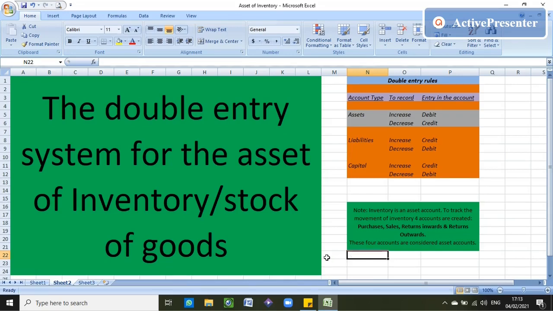Given that those books are coming back to my business, my inventory will go up, so I need to show an increase for that transaction. But you must keep in mind that those books are being returned back to me, so they're coming back in. So I will use the account with the name return inwards. And what will you show? Well, you will show an increase on inventory, as I said, and the way you show an increase on an asset account is to make a debit entry.